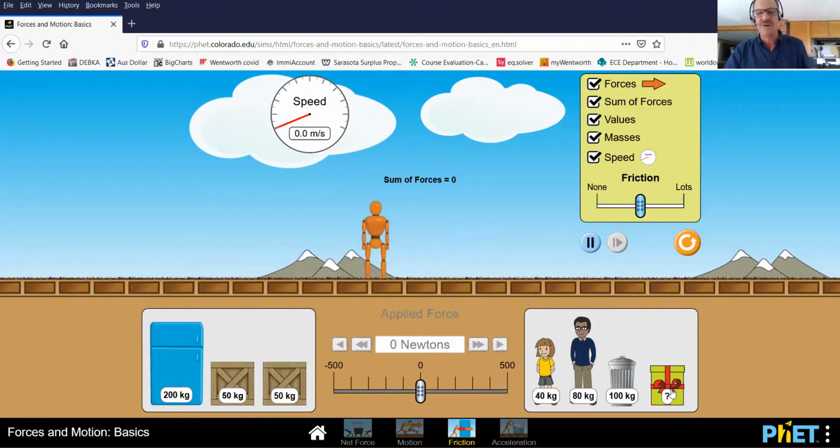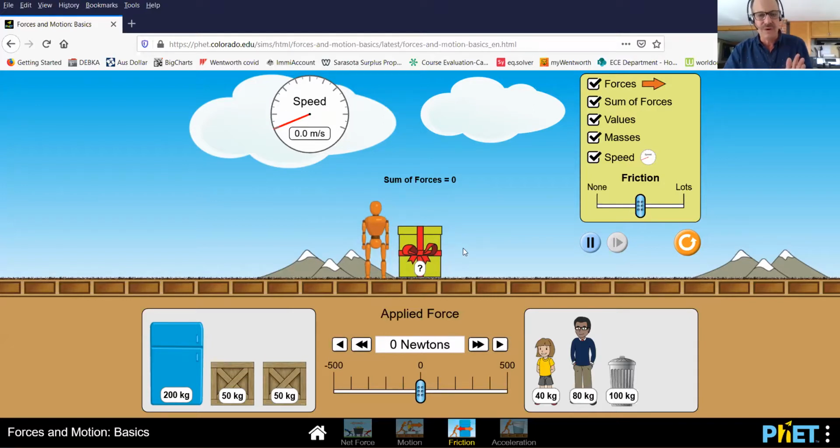And I want you to take out the mystery weight. Knowing the static and the kinetic coefficient of friction, I want you to figure out the weight, or really I'm looking for the mass. You can give me either one.